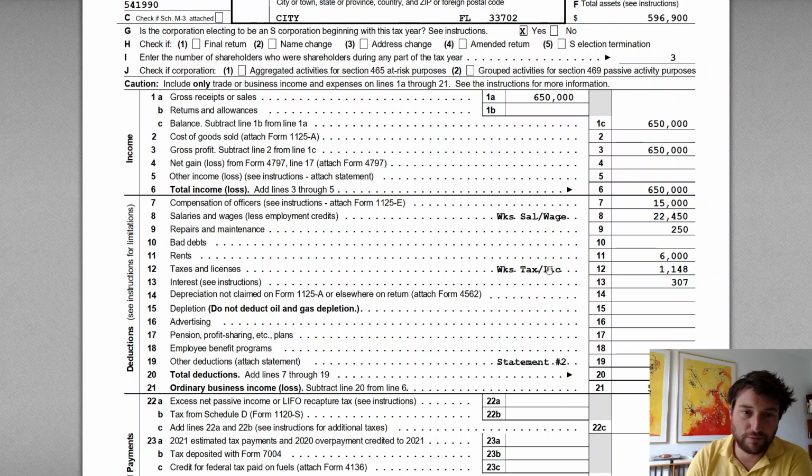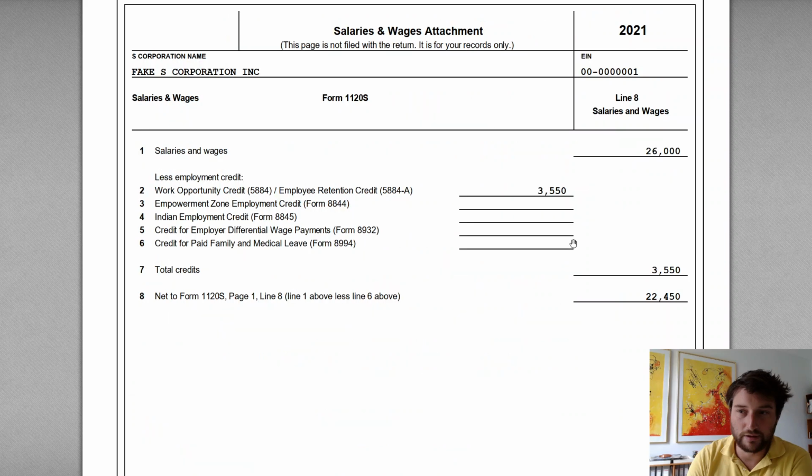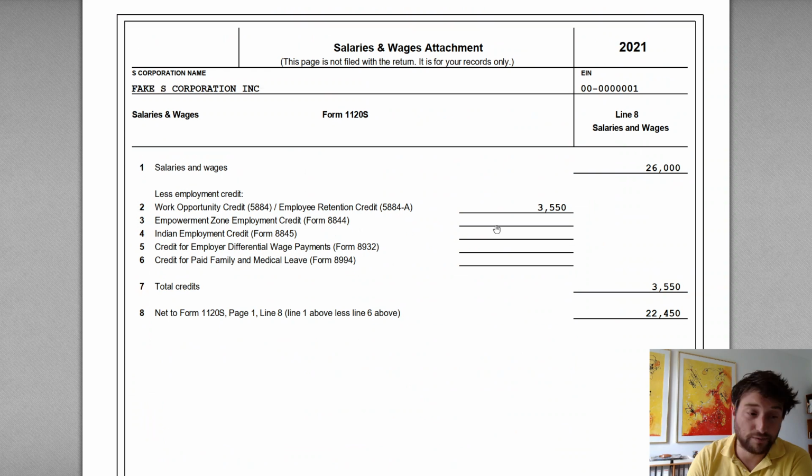So I believe we have a worksheet. Let me scroll down to that really quickly here. Okay, so here's the salaries and wage attachment. We can see here that the total salaries and wages they had before adjustment was $26,000. Then we have backing out any kind of employment credits that might be applied here.